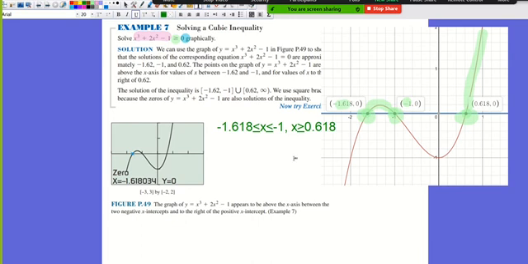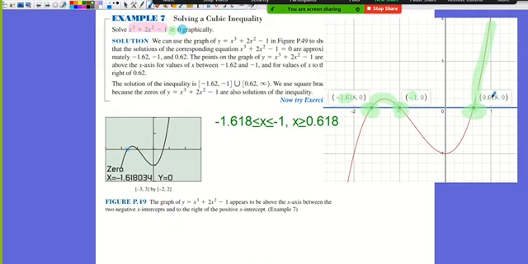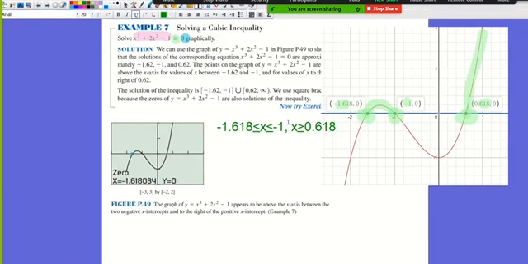All right, now let's take the training wheels off. Okay, let's take the training wheels off. And it's going to look like this. Actually, it's written right here for you.